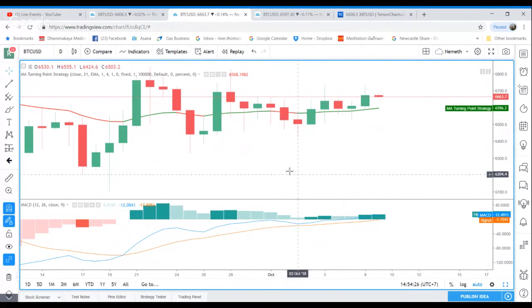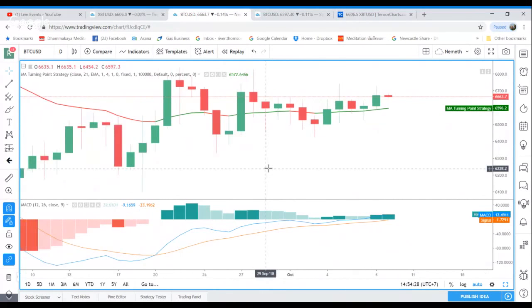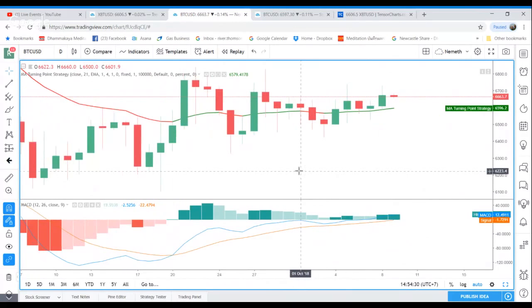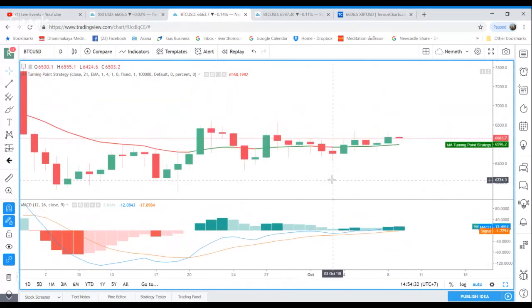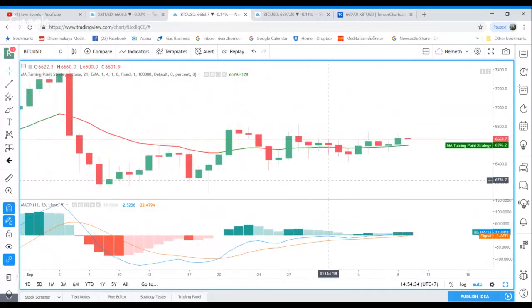Turn that off. Okay. Oh, looking a bit more positive on the daily though, right? It's getting more positive. We're actually getting above the EMA 21. So on the lower time frames, it's looking a bit more bullish.